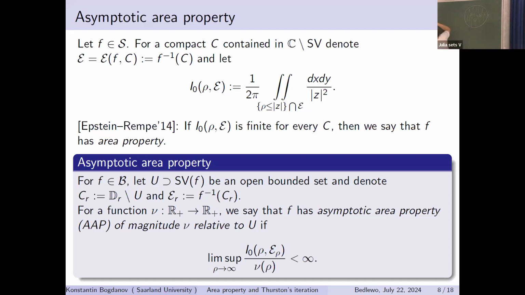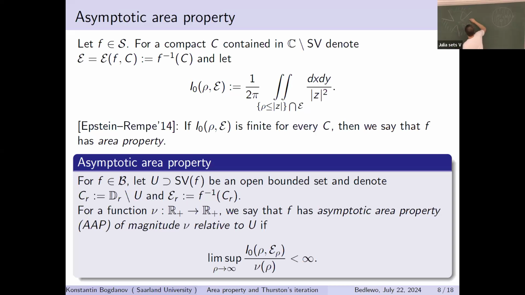Then its preimage is again a union of some tracts plus something else, but instead of measuring the cylindric area from just one, we measure this cylindric area from outside of the disk of radius rho. Sorry, not inside of the tract, but outside of the tract.